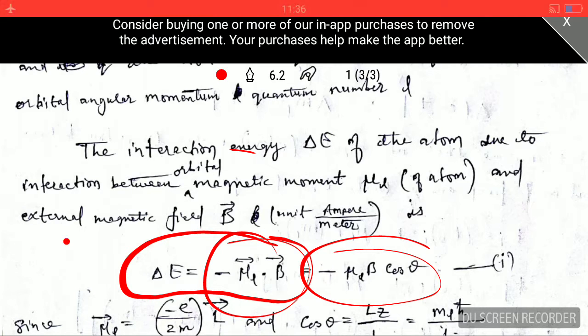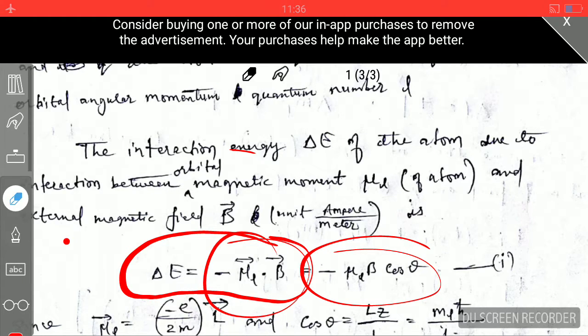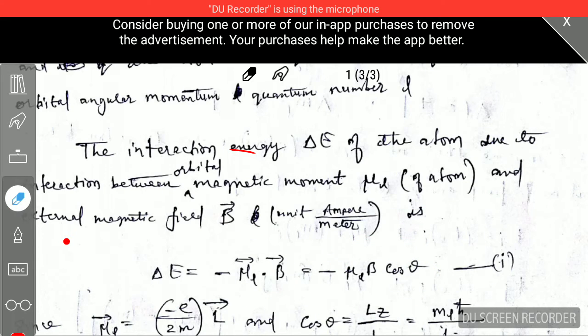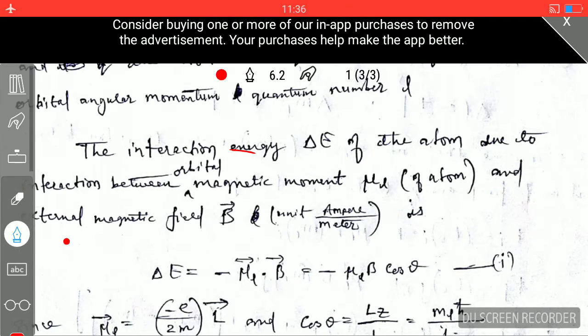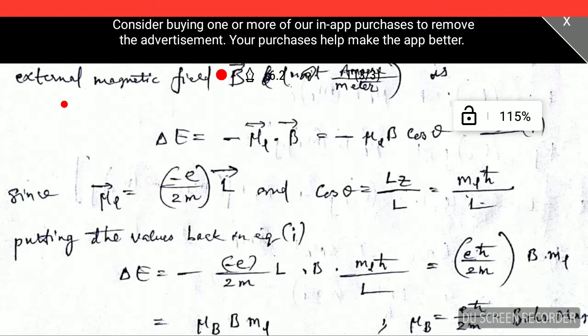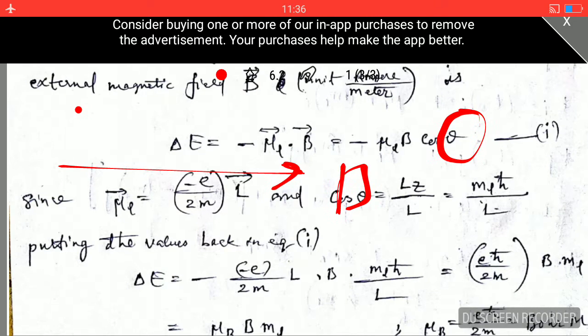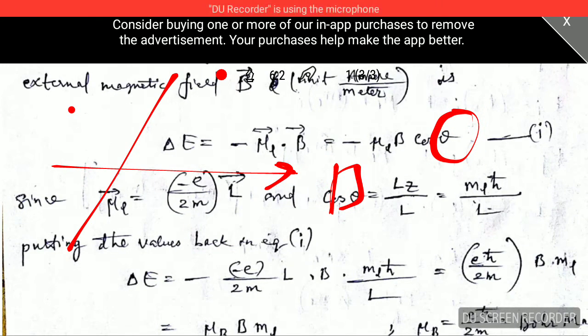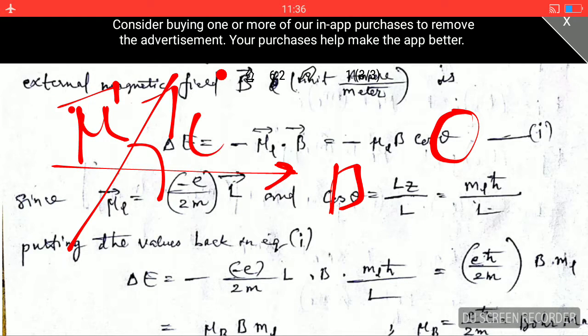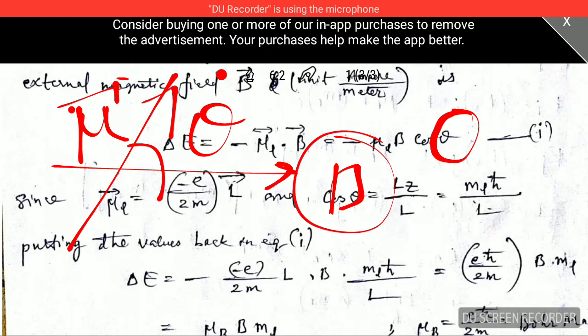Here you can see that there is a theta, and this theta is the angle between the magnetic field B and the magnetic dipole. This is the direction of the magnetic dipole, so theta is the angle between B and mu.